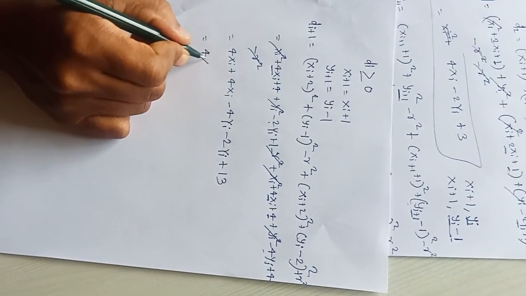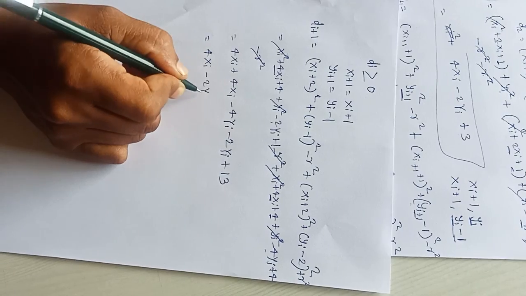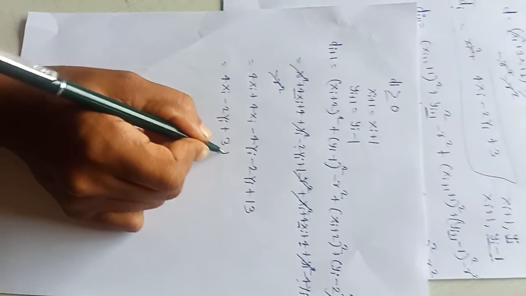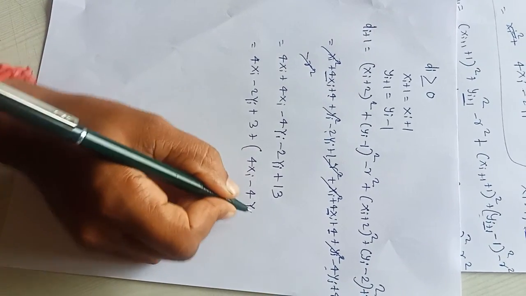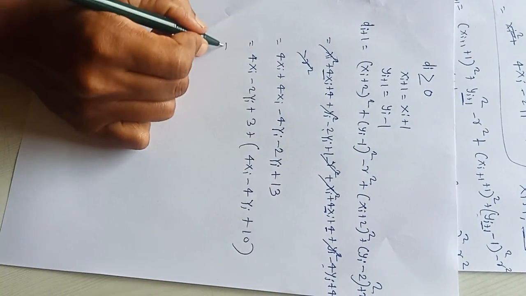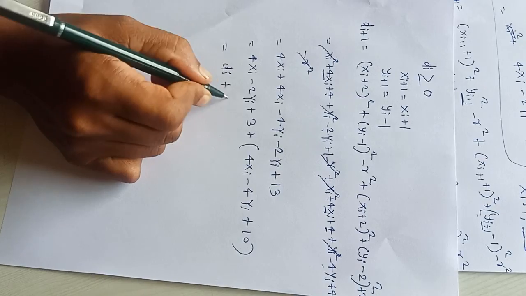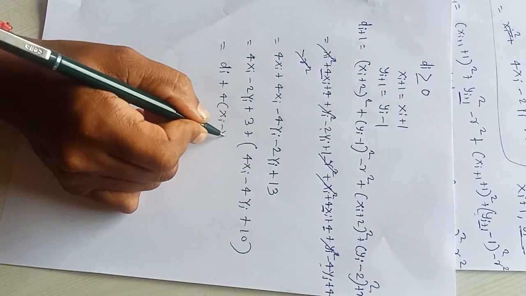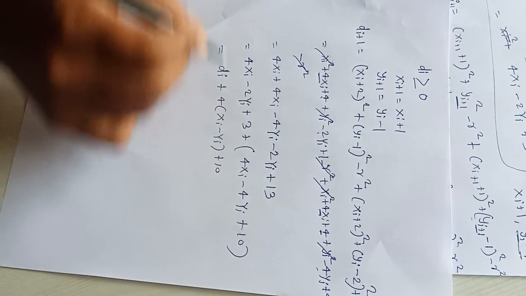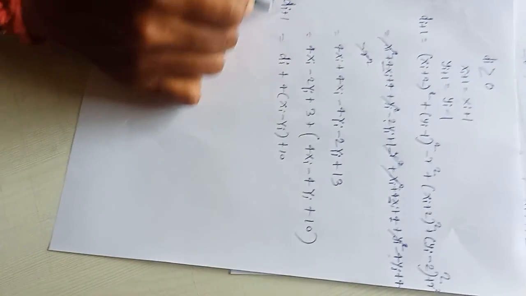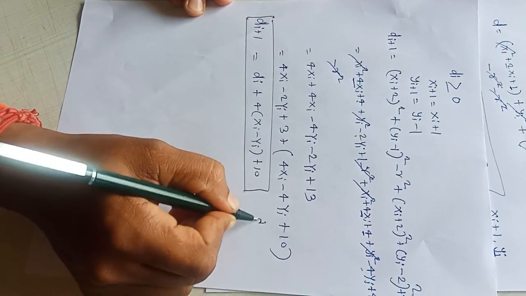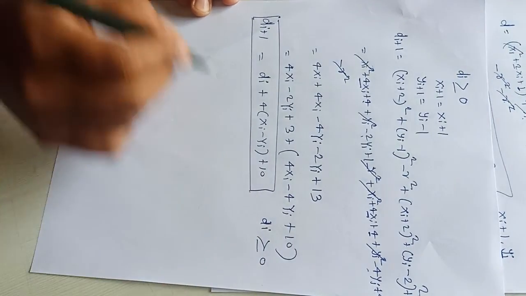So 4xi - 2yi + 3. So what is remaining? 4xi - 4yi + 10. That is nothing but what? di + 4xi - 4yi + 10. This value will be the value of the decision parameter when di value is greater than or equal to 0.